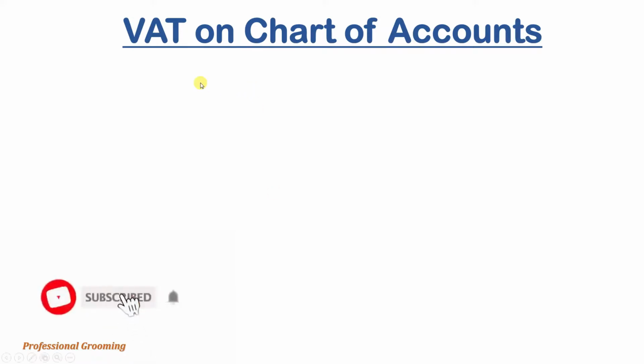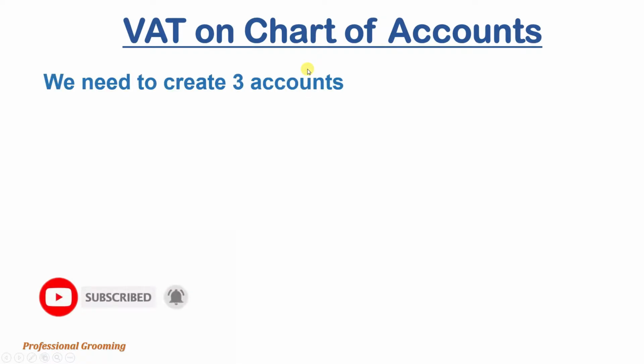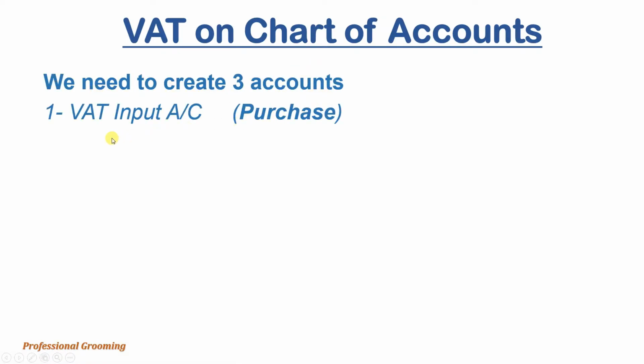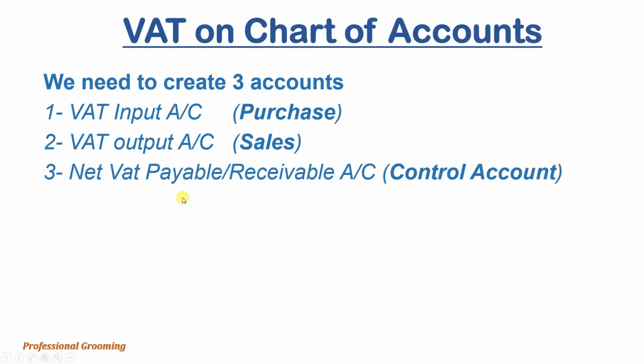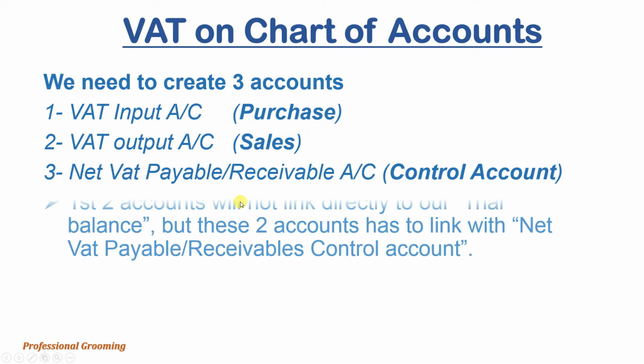First of all, we are going to see value added tax on the chart of accounts. We need to create three accounts. First, the VAT input account, which is related to our purchases or our expenses. Second, the VAT output account, which is related to our sales. The third account is the Net VAT Payable Receivable account as a control account.